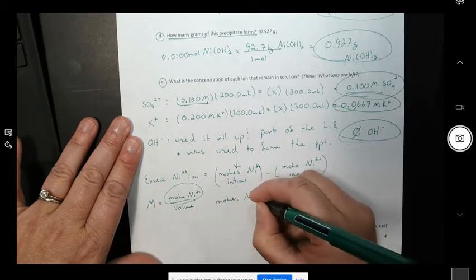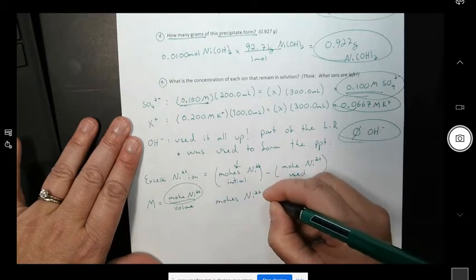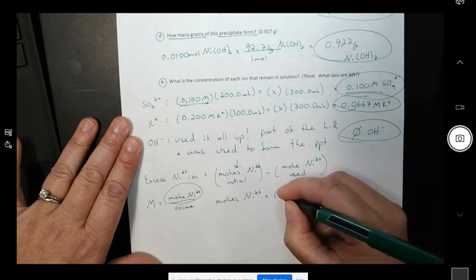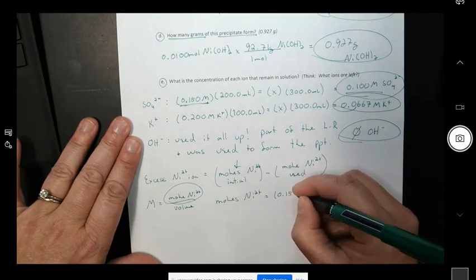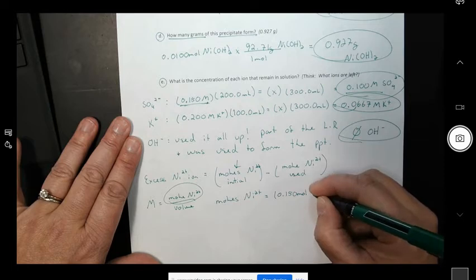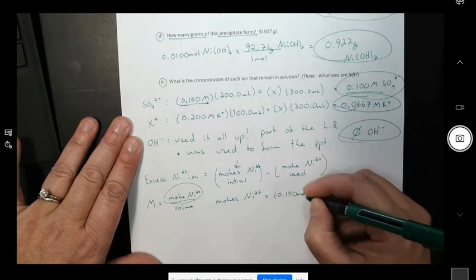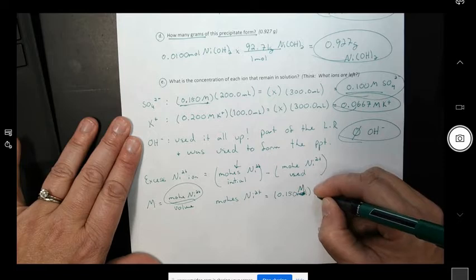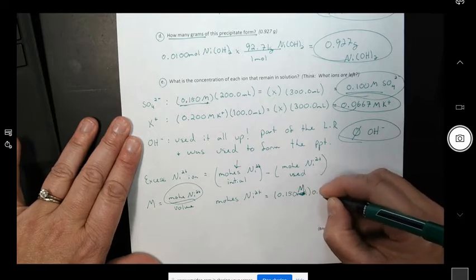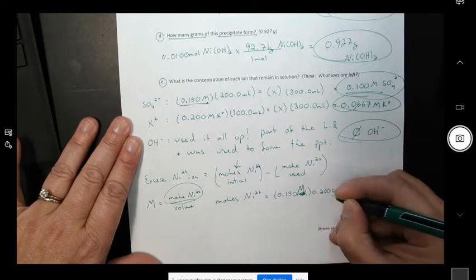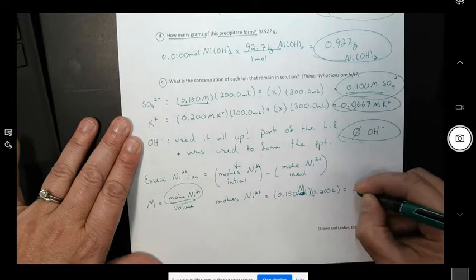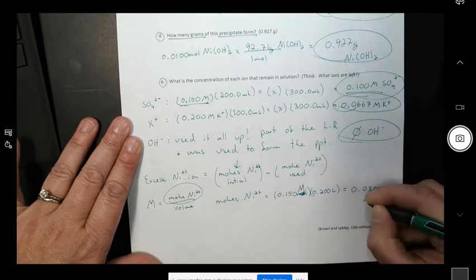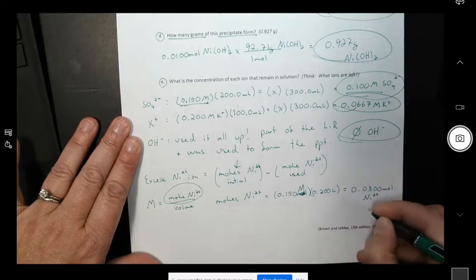Moles of nickel 2+ initially is going to be equal to the molarity, which is 0.150 molar, capital M, times volume in liters, 0.200 liters. That's where I get that 0.0300 mole of nickel ion from.